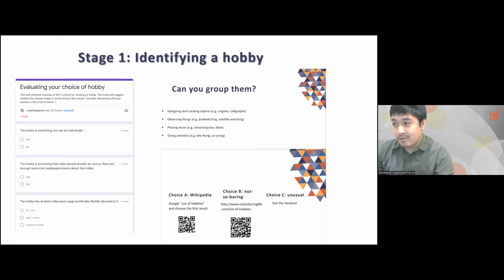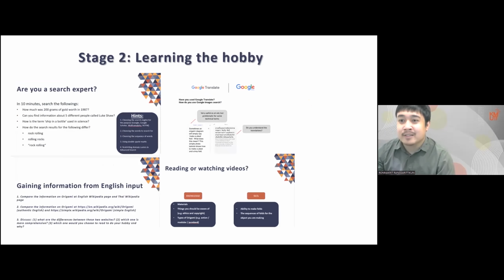For example, if you are interested in playing yo-yo, there is a yo-yo group in there. If you are interested in memes, there are quite a few meme subgroups. If you are interested in origami, join the origami subreddit. So there are many groups based on interests in Reddit. We encourage students to use Reddit, and it's part of the assessment as well.